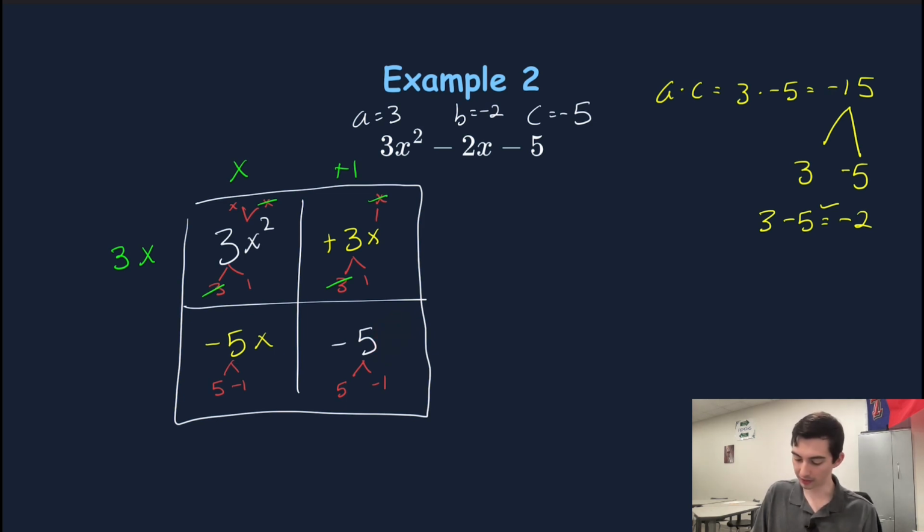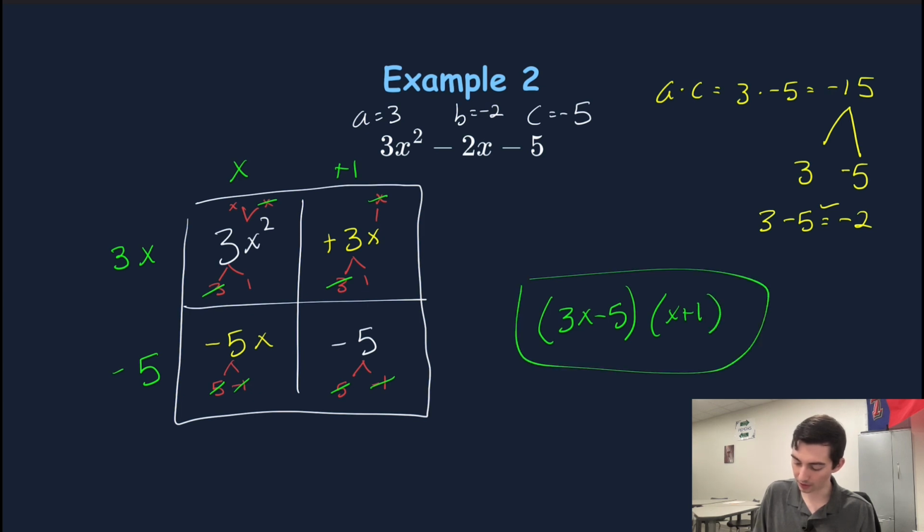But in both of these, I can cancel out a 5 and a 5, and a -1 and a -1. And so my factors are 5 and -1, which is just going to give me -5. And when I do that, I'm left with an x, and here everything cancels, so I'm just left with 1. So my two factors are 3x minus 5 and x plus 1.